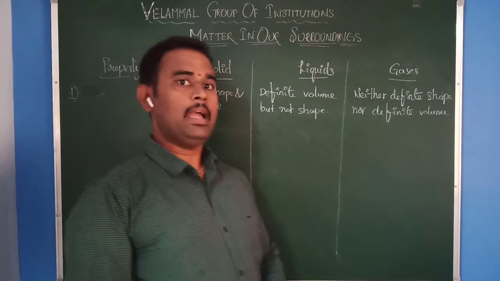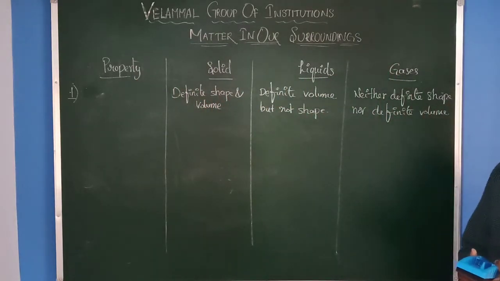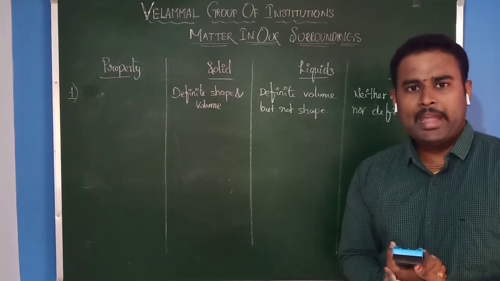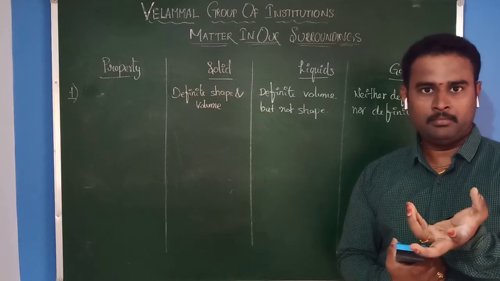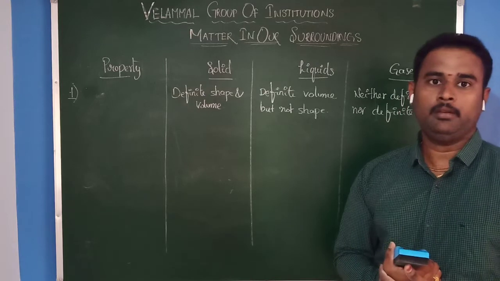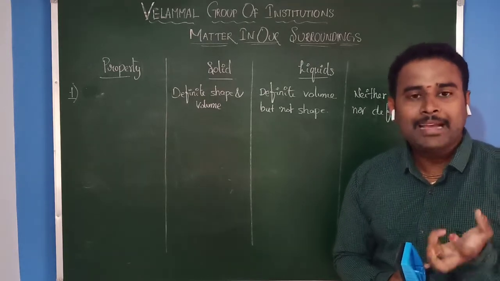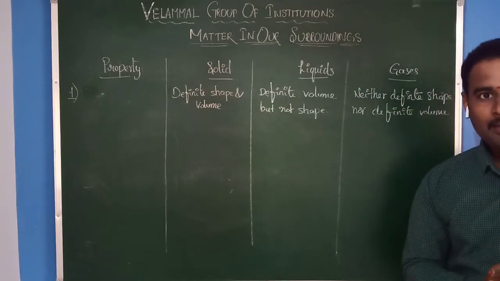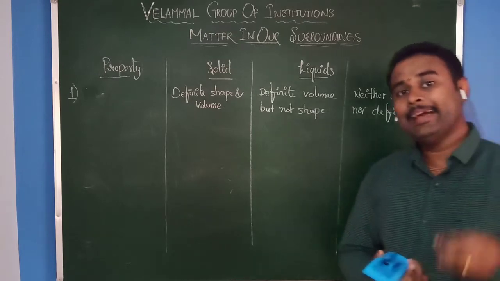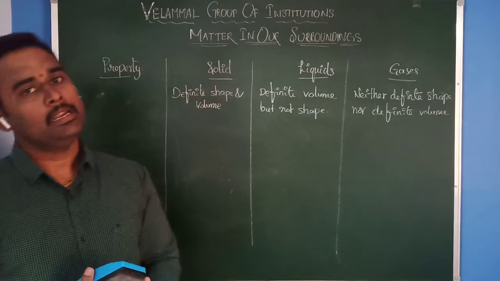They can take different types of shapes, and at the same time, when you observe the volume of gases, just take one bottle of gas, then the volume of the gas is the volume of the bottle. Just open the cap, and the same amount of gaseous particles occupies the whole room also. That means gaseous particles don't have definite shape as well as definite volume.